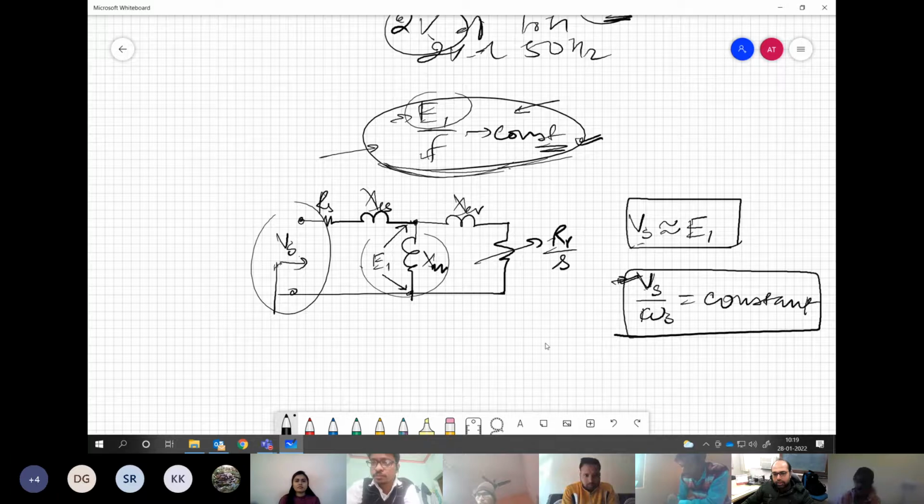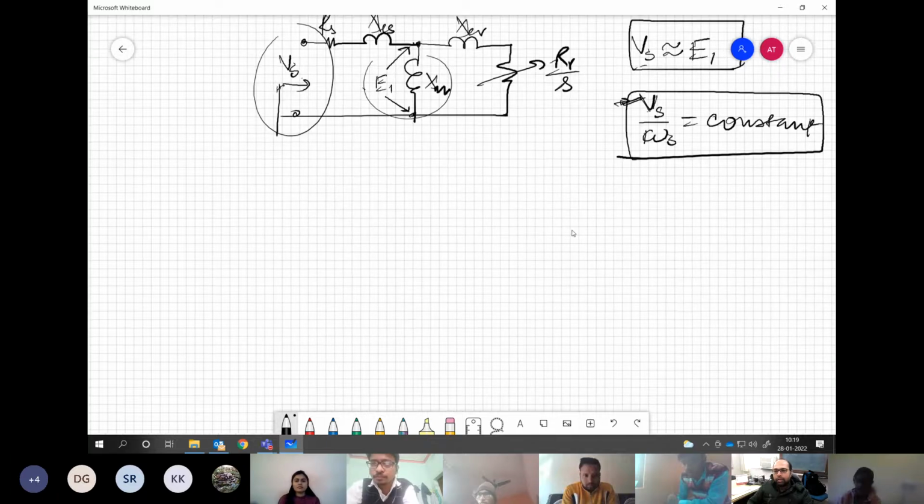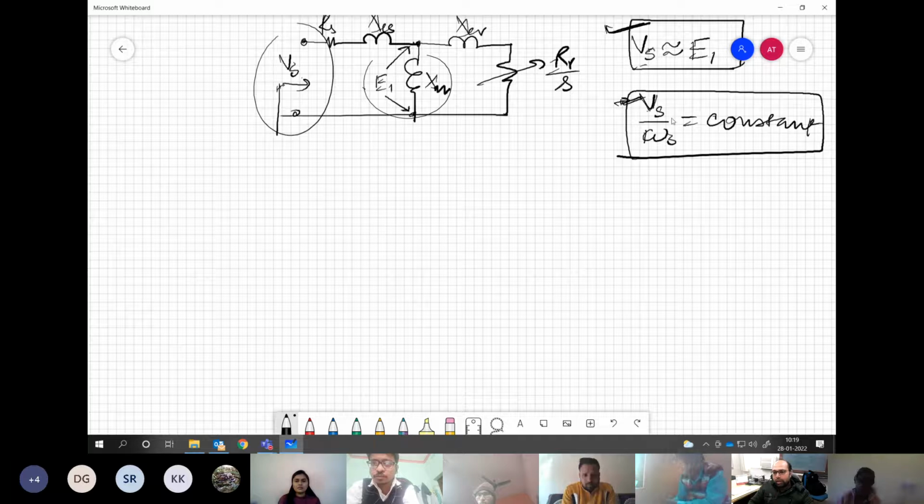Now, this approximation we were discussing, till what point is it valid? Let us say we say that Vs is approximately equal to E1. The relation between Vs and E1 is that Vs is basically this.